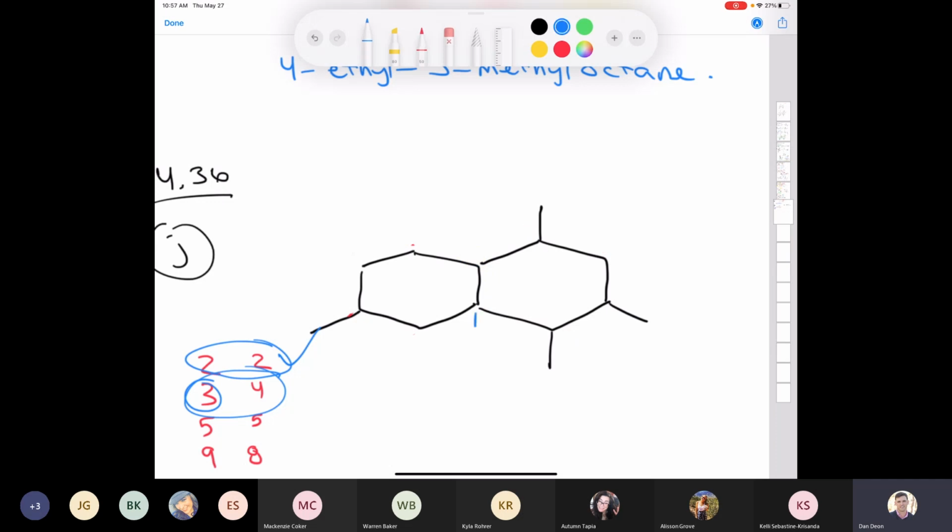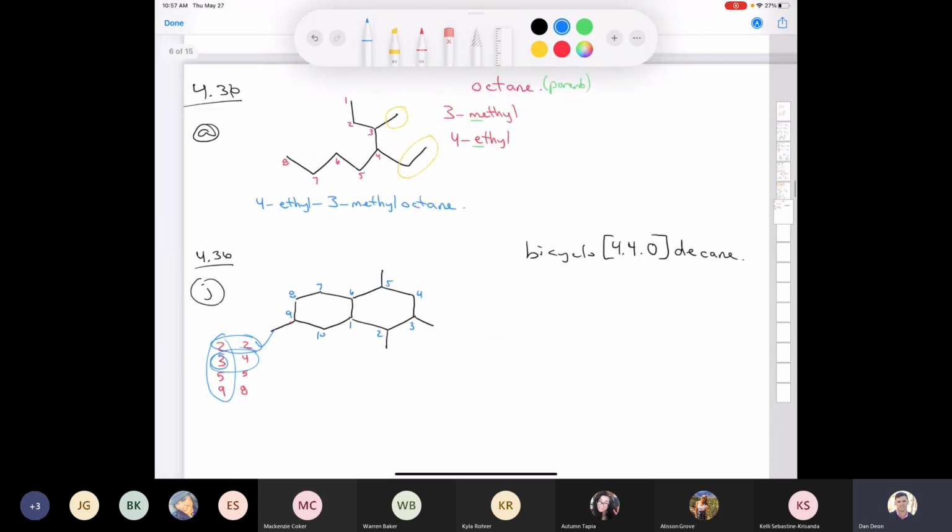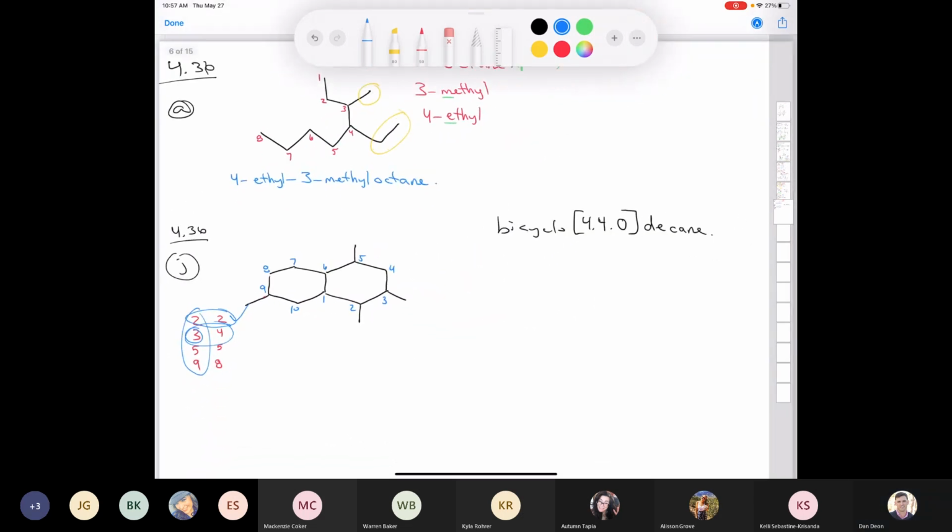So I start here, 1, 2, 3, 4, 5, 6, 7, 8, 9, and 10. So I've got a 2,3,5,9 tetramethyl. There we go.